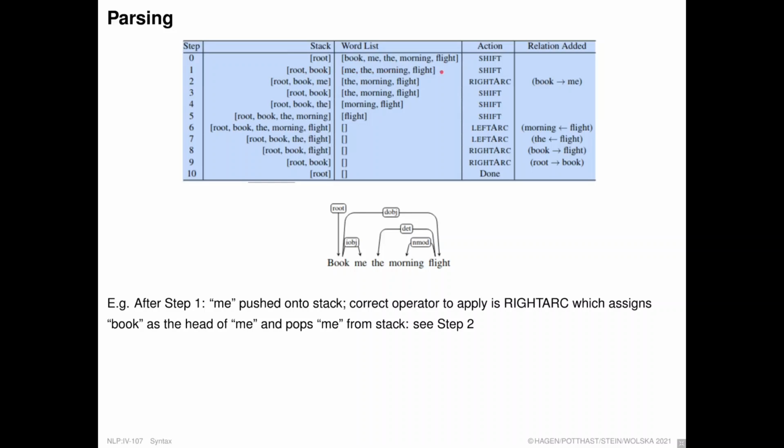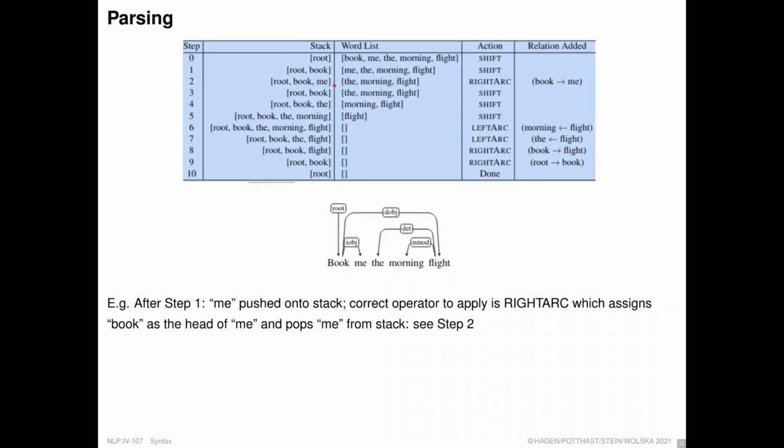On the word list we have me, the morning, and flight. We push me on the stack at this point, and we consult an oracle that knows somehow that the right operator to use here is the right arc, and we assign the book as the head of me and pop me from the stack.